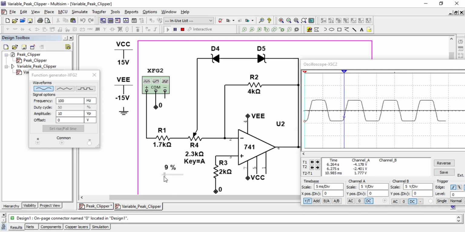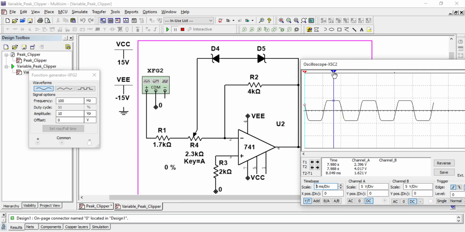When the resistance reaches 0 ohm, we can obtain the minimum value of the output signal, which is 4.017 volt and minus 4.015 volt, which is precisely equal to the lower limit of the clipping.